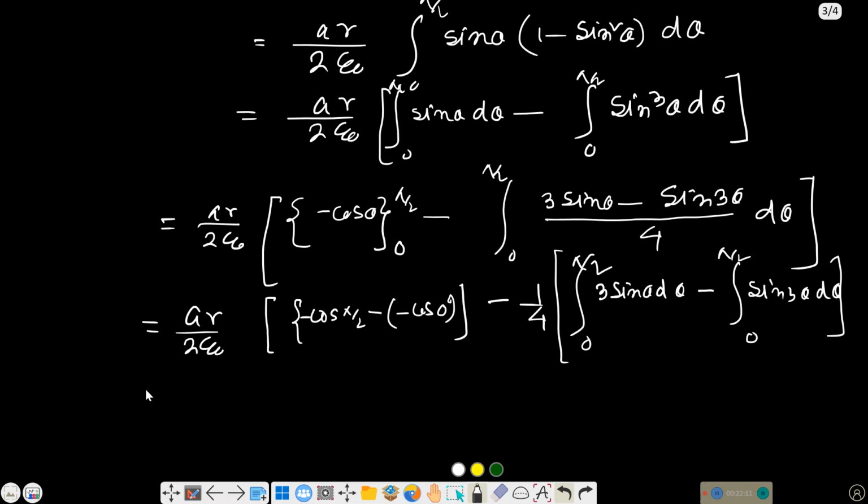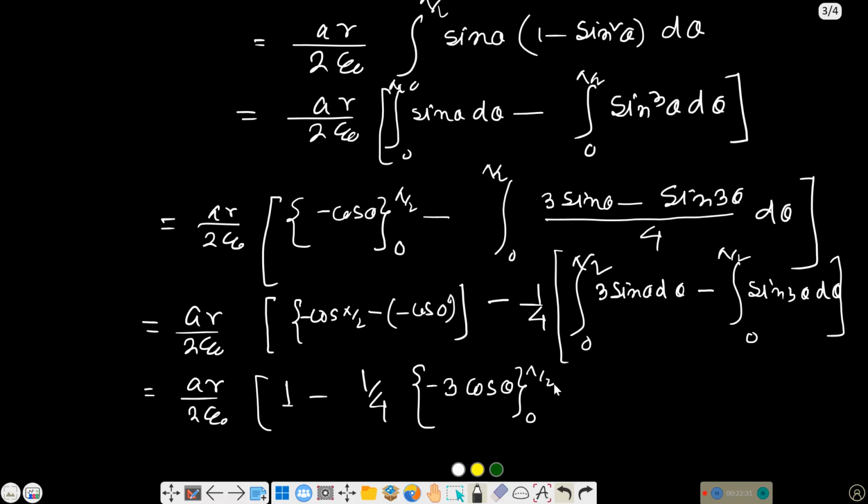Okay, it is AR by 2 epsilon naught, it is 1 minus 1 by 4 times the integration of 3 sin theta d theta, which will be minus 3 cos theta, minus of minus cos 3 theta divided by 3, from 0 to pi by 2.